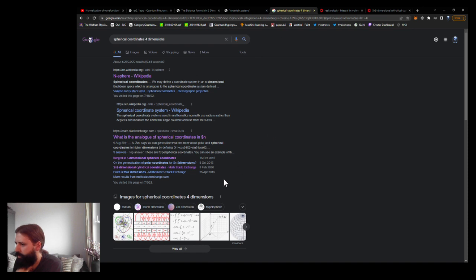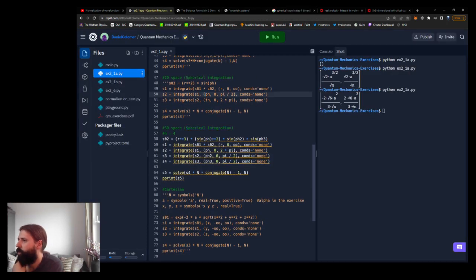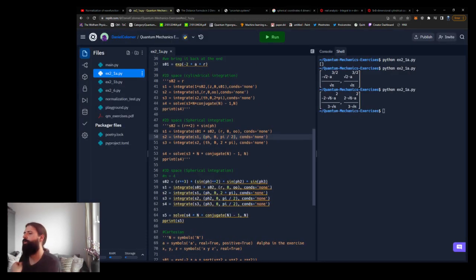That's my problem. This space is so much more comfortable and it makes so much more sense, but it doesn't give me the solution that I want.